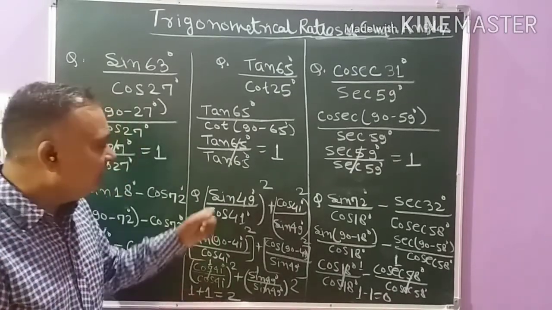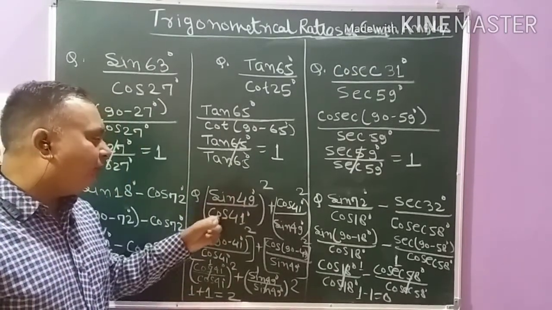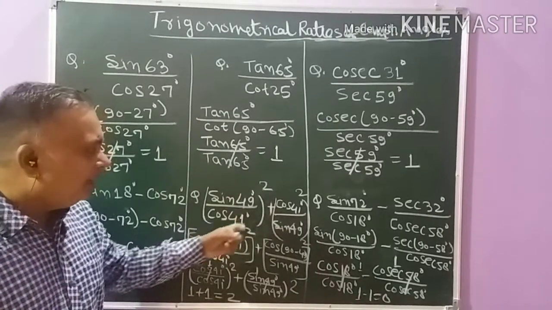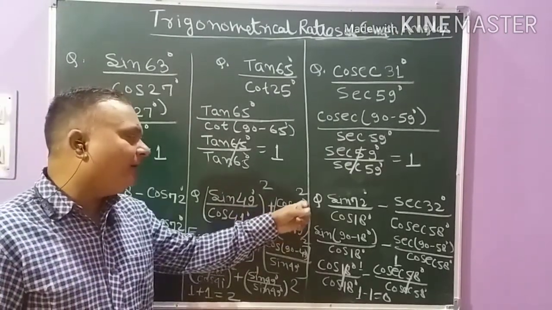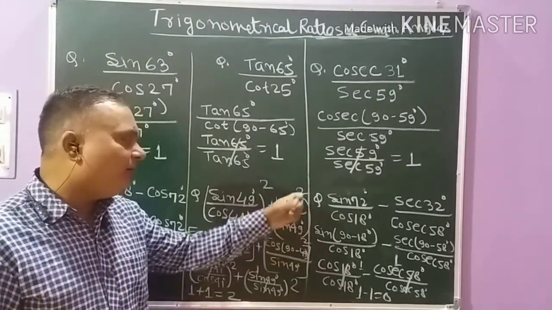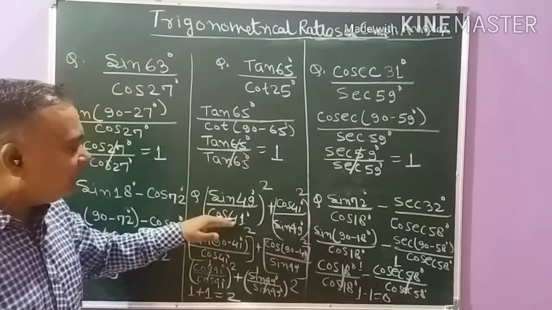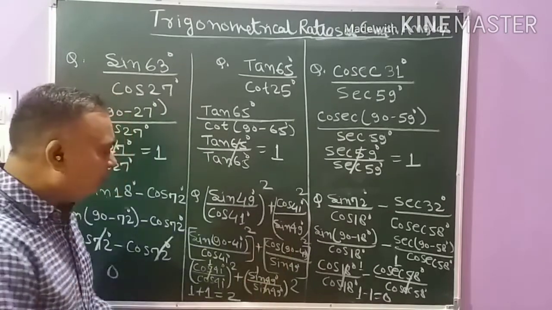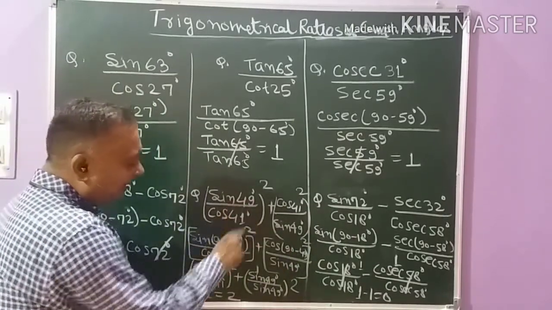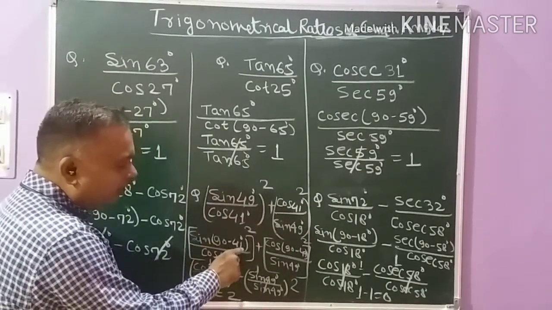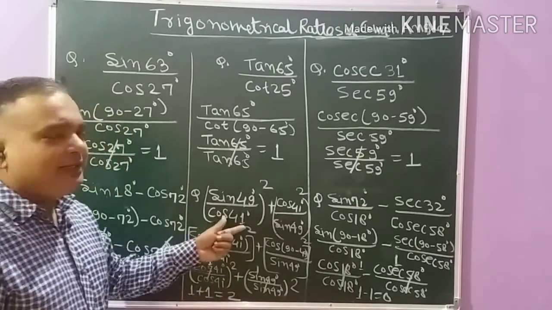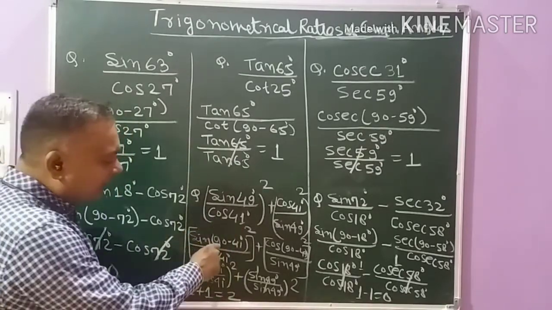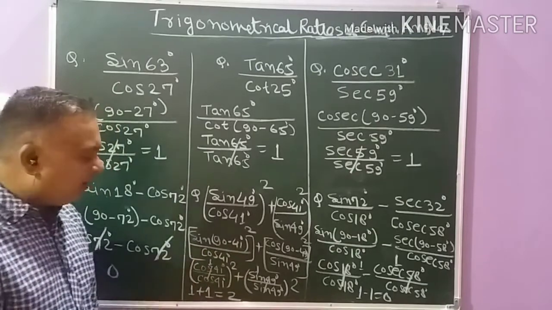Next question, sin 49 degree upon cos 41 degree whole square plus cos 41 degree upon sin 49 degree whole square. Same here, again we change either sine into cosine or cosine into sine. For example, 49 I write as 90 minus 41 degree and cos 41 degree as it is. Sin 90 minus theta is cos theta.